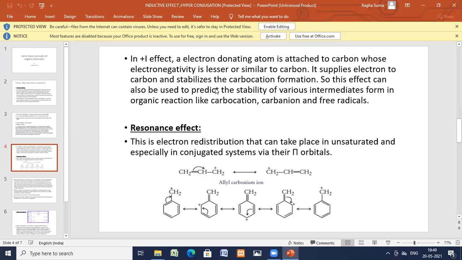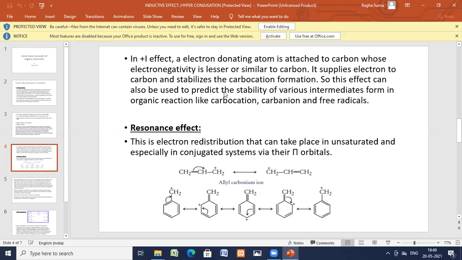Okay, so the carbon atom of the chain gets a partial negative charge. The carbon atom of the chain gets a partial negative charge when it is attached to plus I groups. This happens when an electron releasing group like Z is present in the molecule.